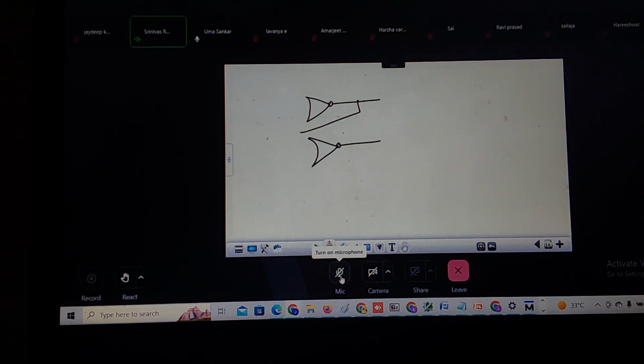Let me draw the NOR latch. This is R and this is S. I don't know what is the value of Q and Q bar. Let us assume it may be 0 or it may be 1. Here also it may be 1 or 0. I don't know what Q and Q bar are.